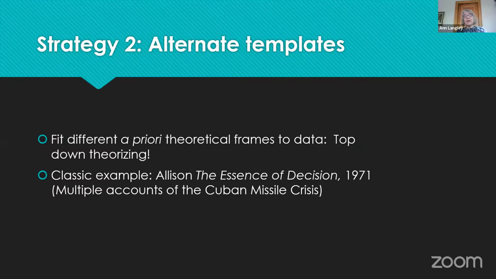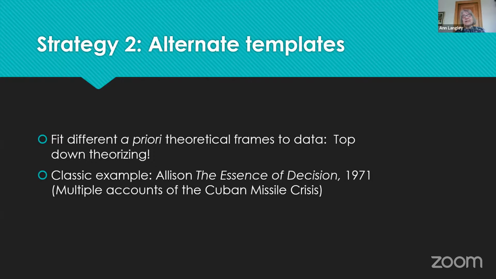The classic inspiration for this is a book which I recommend everybody read, by Graham Allison, The Essence of Decision. He's a political scientist, and he studied the Cuban Missile Crisis, an event which I'm old enough to have lived through, although I was a child, in the 1960s, when nuclear missiles were placed in Cuba, and the United States had to decide what to do about it.